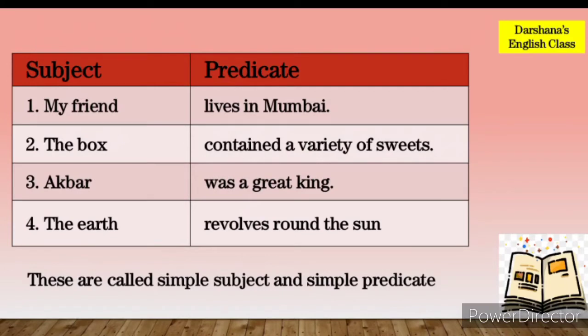Now you all might be wondering, why am I emphasizing simple words like simple subject and simple predicate? Yes, it has a meaning. And how is this different? Let's know in the next slide.